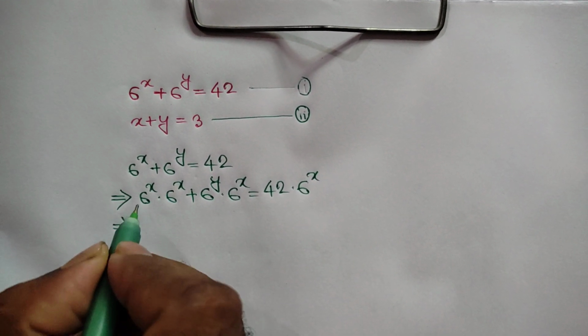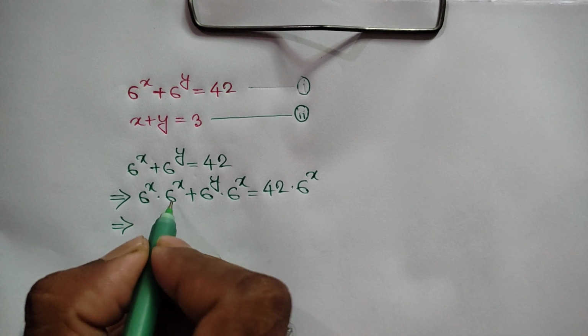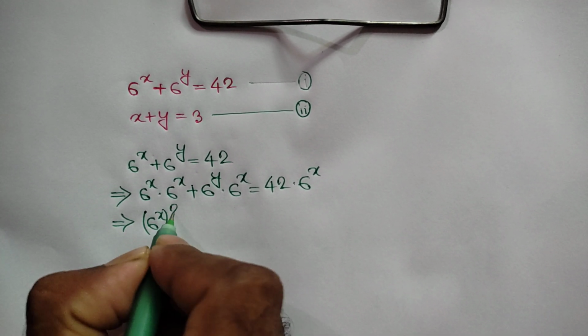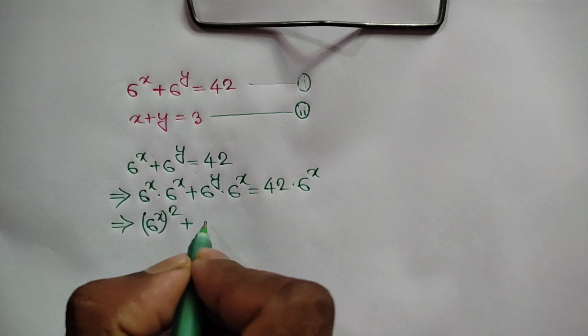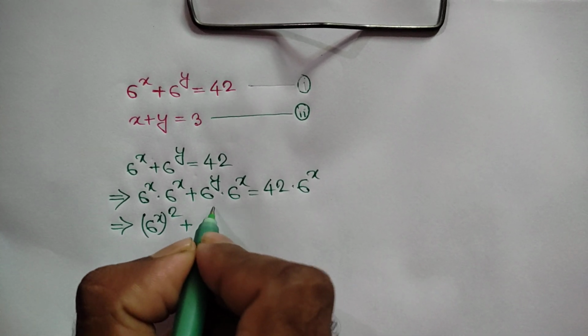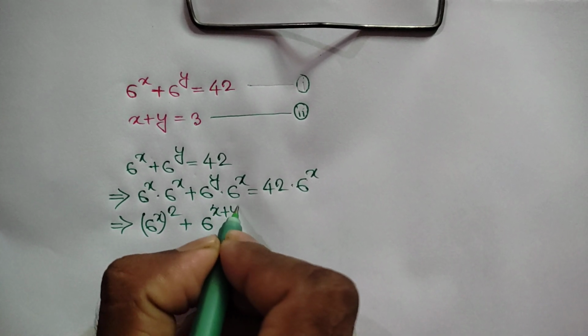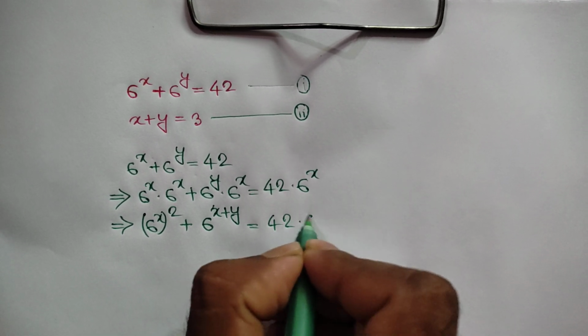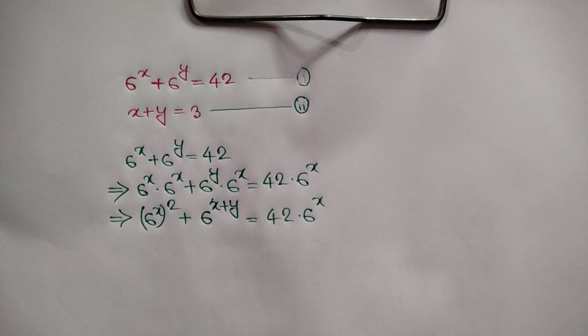That is, 6 to the power x whole square plus 6 to the power x plus y is equal to 42 times 6 to the power x.